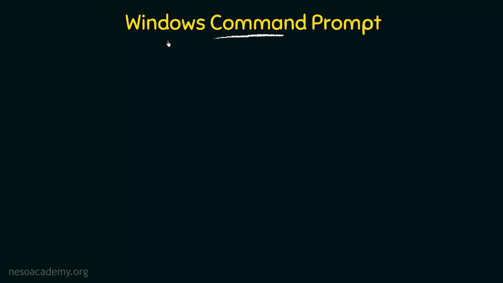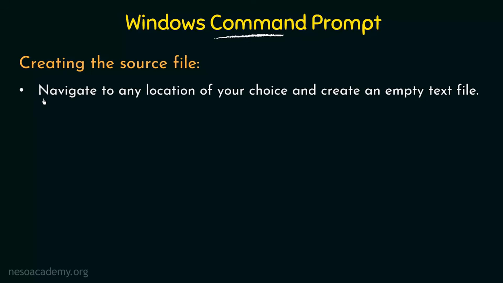For compiling a program using the Windows command prompt, first of all we have to create the source file. Let's see what steps are involved in creating it. A source file is nothing but the file that contains our source code. First of all, navigate to any location of your choice on your computer and create an empty text file.